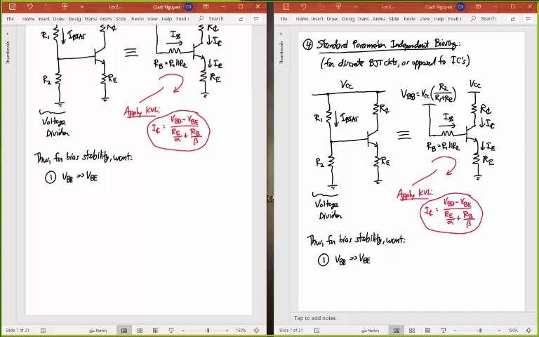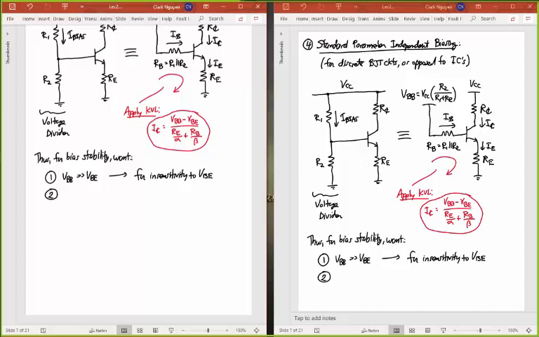Okay, we want that. Why? That's for insensitivity to VBE, which is a parameter that can change. And that contains sensitivity to IS and different physical parameters there.